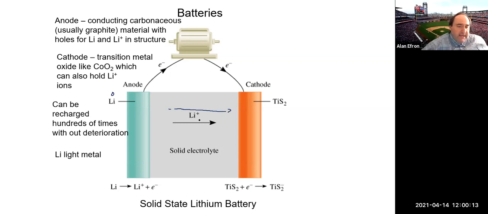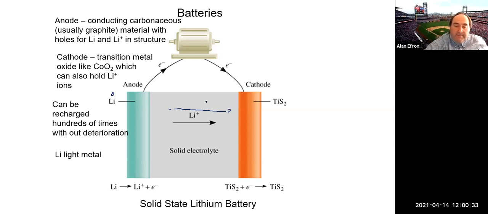It's a solid state, which means it can be recharged hundreds and hundreds of times, as I mentioned earlier. In that overall reaction we get solid products and things aren't degraded in the process of the battery running, which allows for rechargeability.